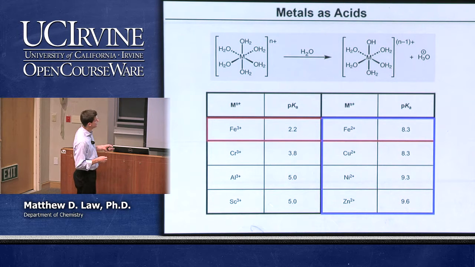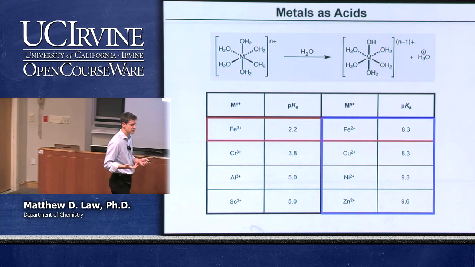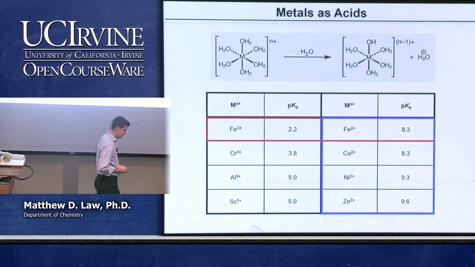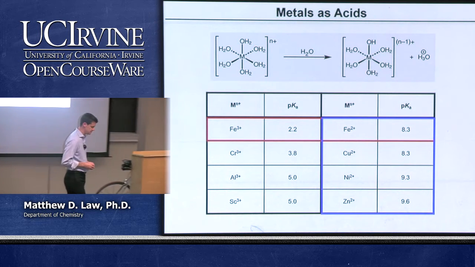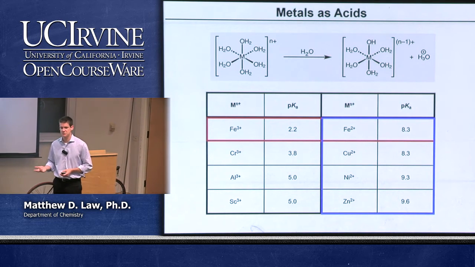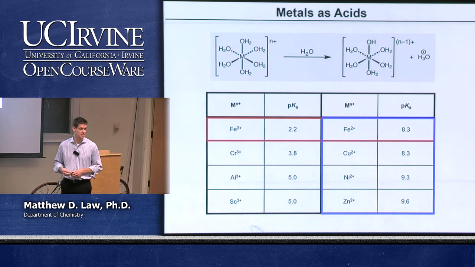And those that have trivalent species are consistently lower, between 3 and 5, let's say. Okay. So metal ion acidity is very important in any aqueous reaction chemistry. It's important in environmental chemistry, and it's also very useful in making and understanding metal complexes.